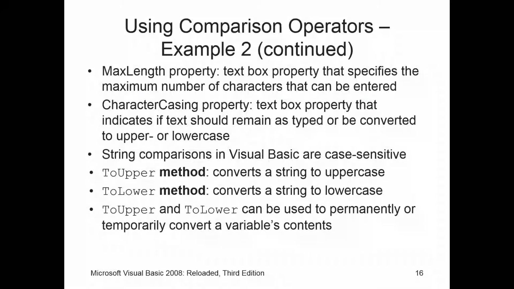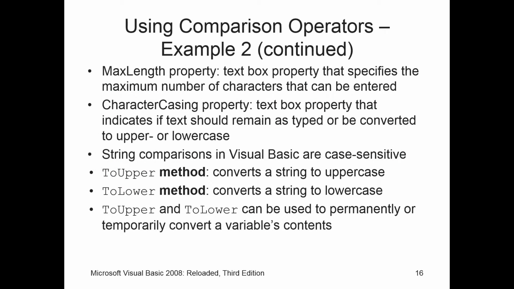So here's a description of that. In each text box there's a property called MaxLength. By default it's at 0, meaning that there is no max length, and you can go on typing however long you want to. If you change that to 1, then it will only accept up to one character.